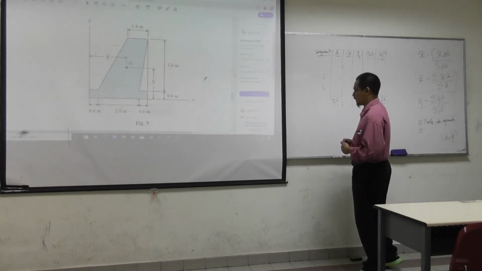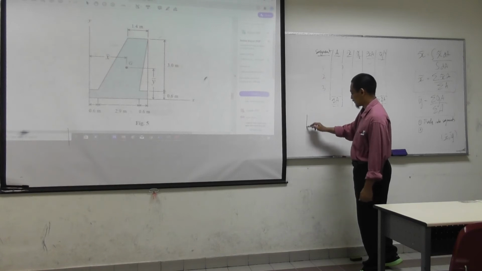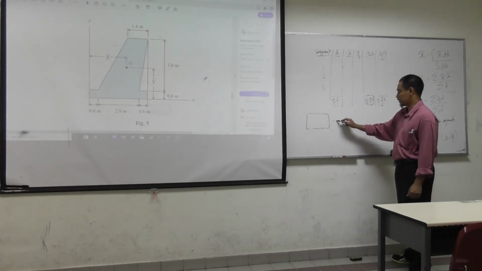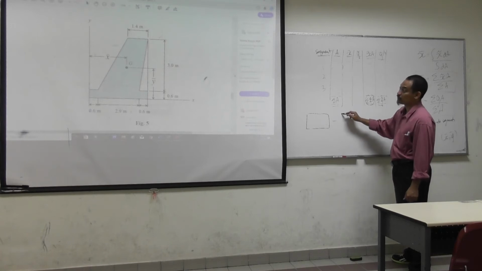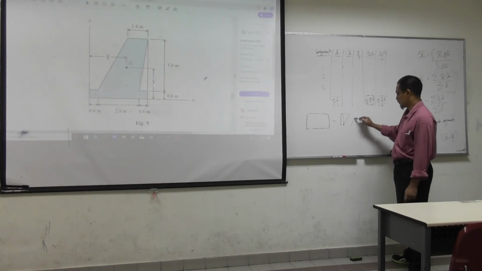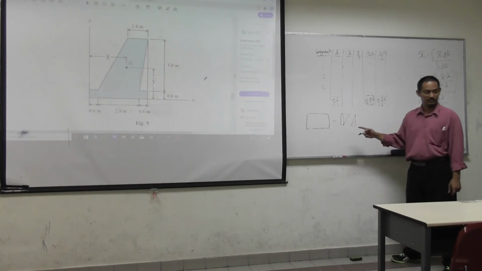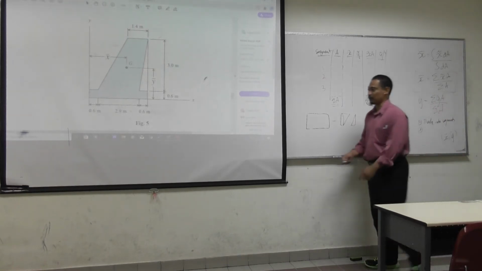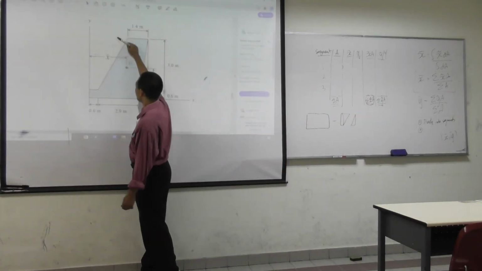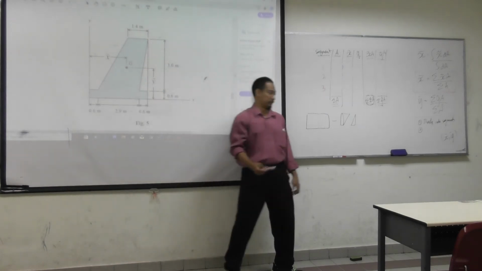Some students in the final exam used something like this: the whole 15 minus this one, this one and this one. It gives you the same answer.